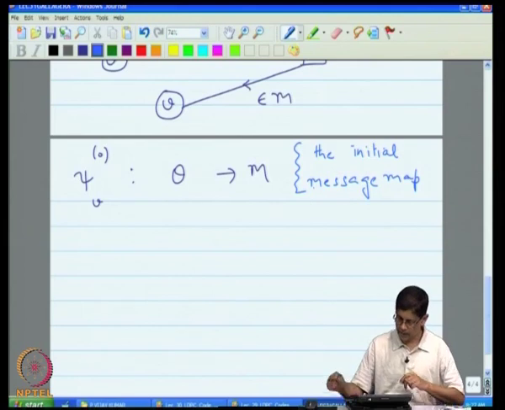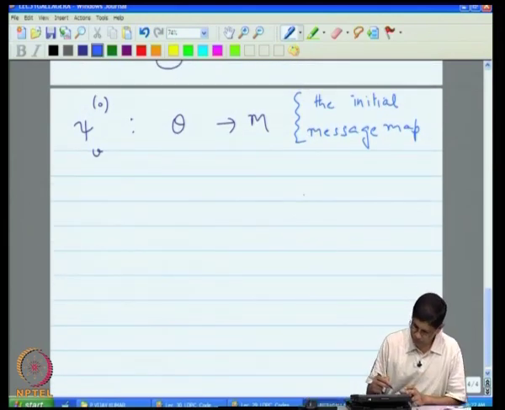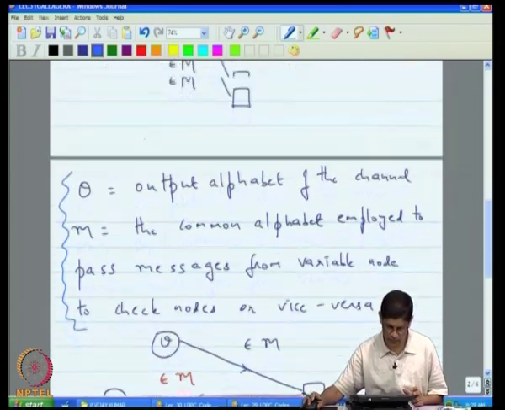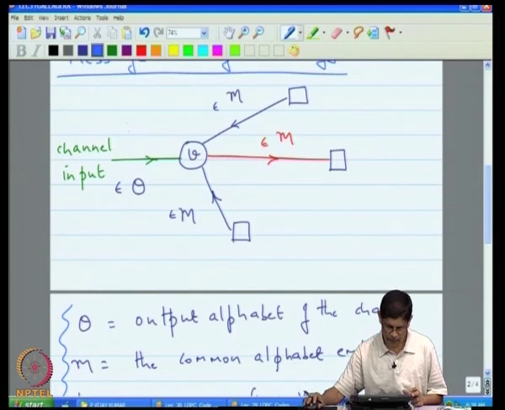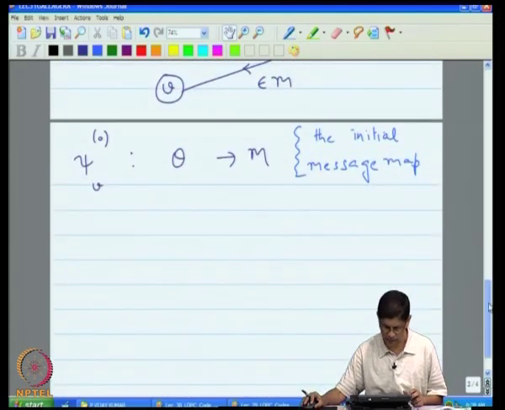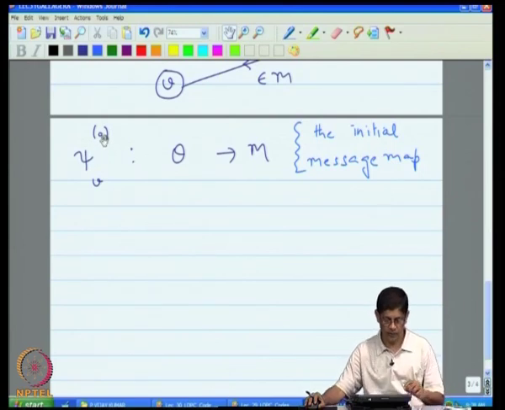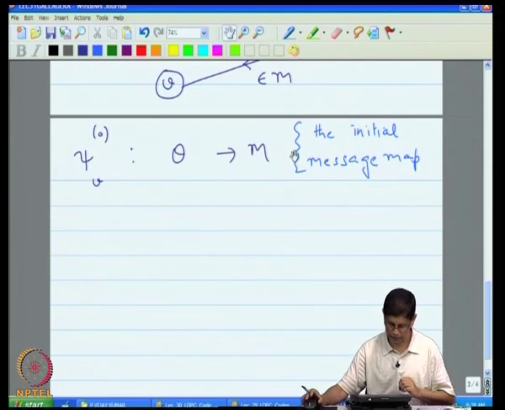Okay. And then this is from the variable node to the check node, and what we are basically saying is, look, there is an input that comes from the channel, and whatever the node does, it transmits its output based only on the input of the channel, because that is all it has initially. And this 0 here denotes the number of the iteration. So we are talking about the 0th iteration here.